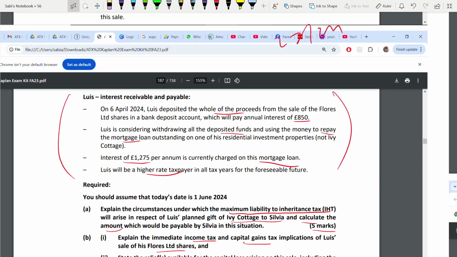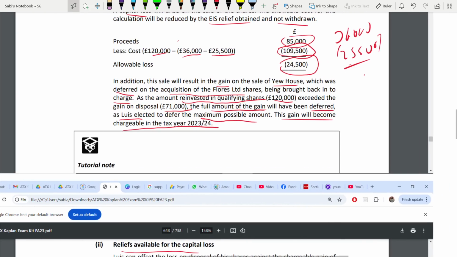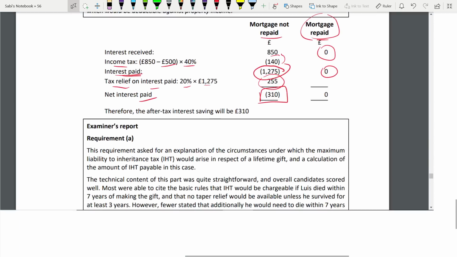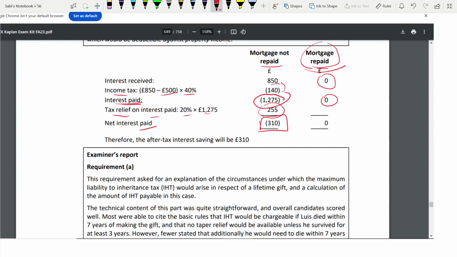So whatever deposited fund he has withdrawn, he will use it to repay the mortgage loan. If he uses all the deposit, he's not going to get any interest, nor does he get any interest tax relief. That's why it is zero if he repays the mortgage.